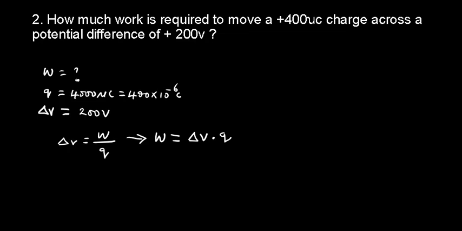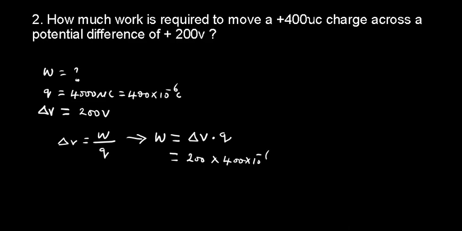So the potential difference here is 200, multiplied by the charge, 400 times 10 raised to the power negative 6.